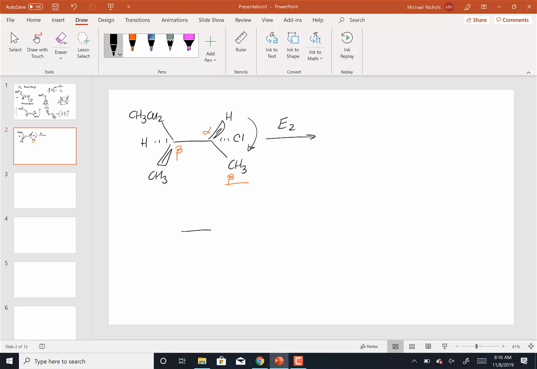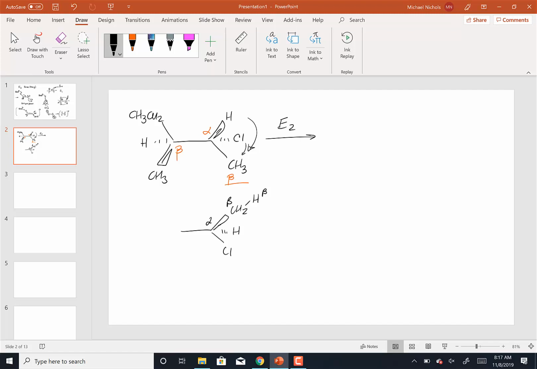But let's just rotate that down. So if I rotate the chlorine down into the methyl group, the chlorine goes here. The methyl group goes up to where the hydrogen was, and the hydrogen comes down here. And let me rewrite this as a CH2H. So here's my alpha carbon, here is my beta carbon, here is my beta hydrogen. Okay.